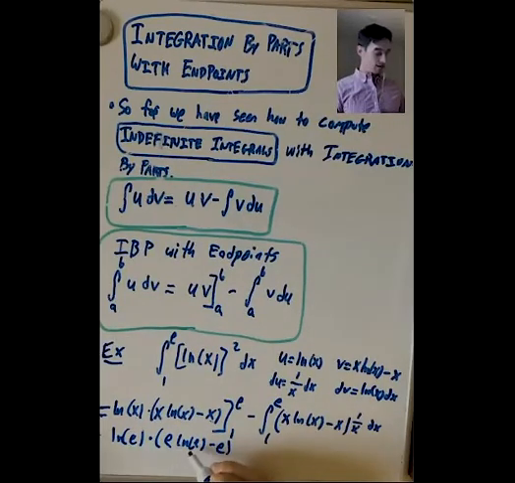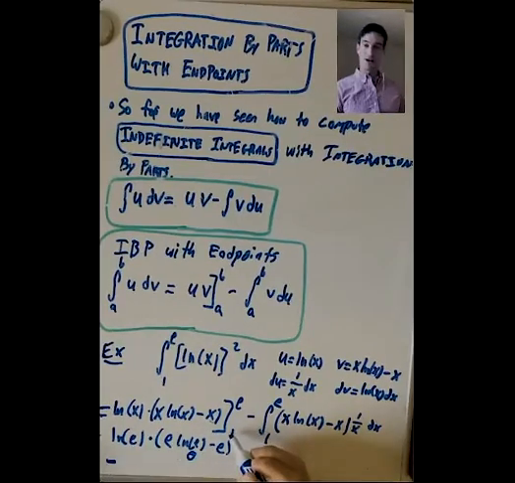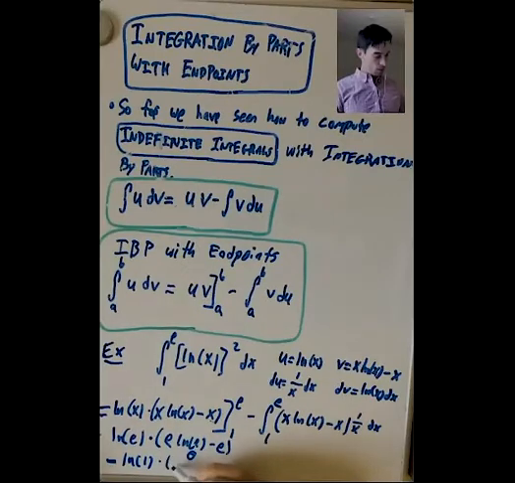This is e times 1 minus e. So this is 0. And now when we subtract the evaluation at 1, we get ln of 1 times 1 ln 1 minus 1. And ln of 1 is 0. So this is also 0. So this whole term is 0.